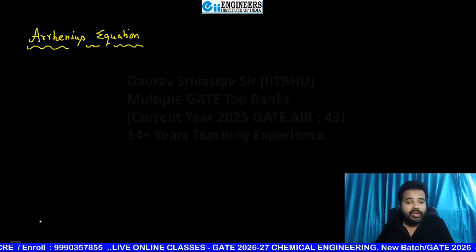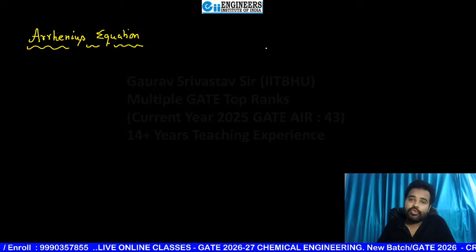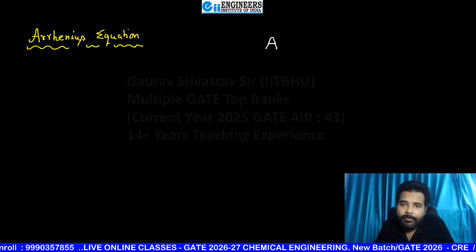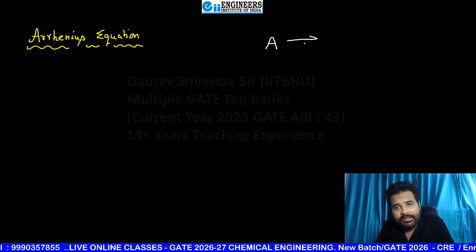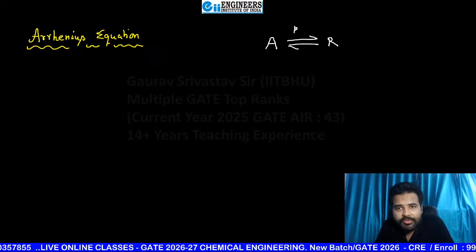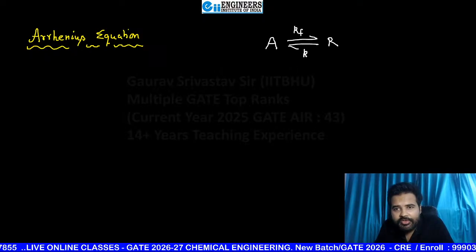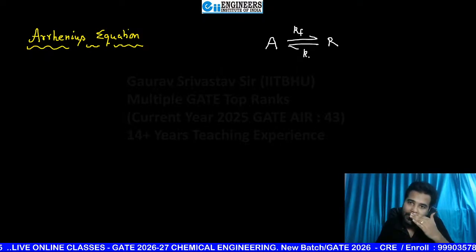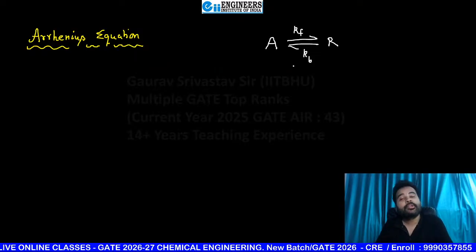So now see, Arrhenius said, okay van't Hoff sir, you told me that A is forming R. This is the forward reaction rate constant, this is the backward reaction rate constant. Fantastic.